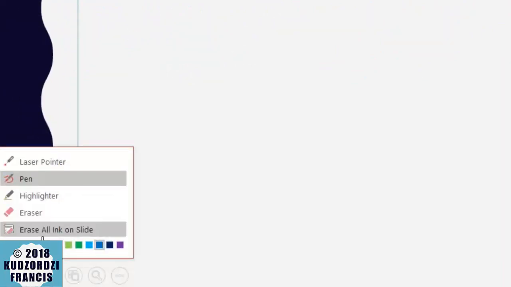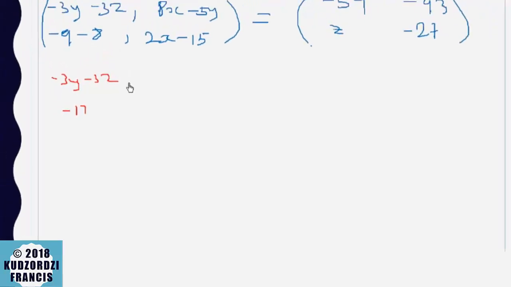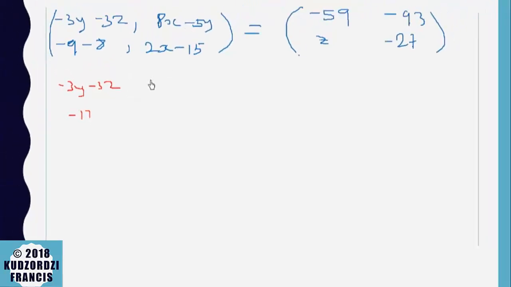Now let's simplify further. So this will give us negative 3y minus 32. Then this will simplify to negative 17. Then we have 8x minus 5y.